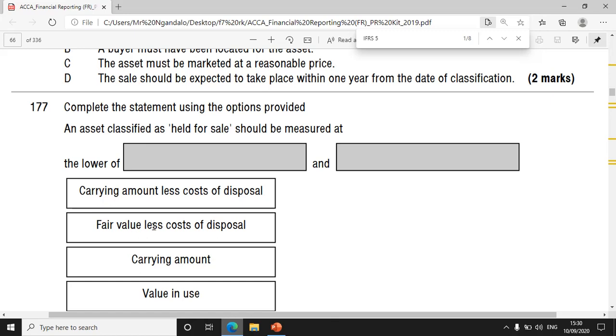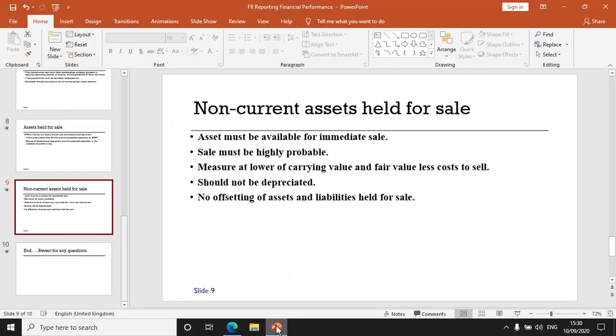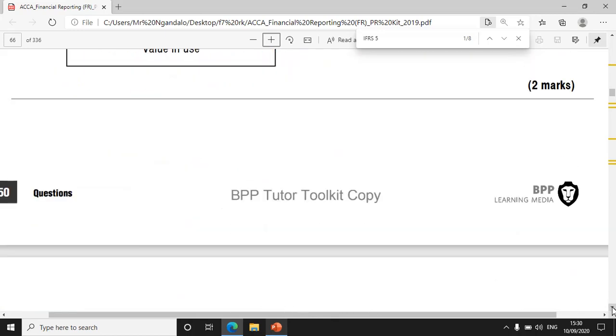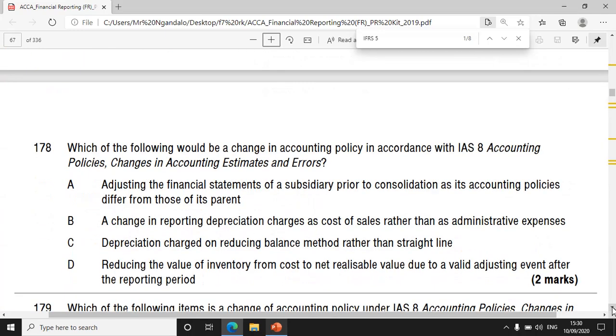So we will pick fair value less cost to sell, and also the carrying amount, the carrying value. Please let us remember that. I hope you can see carrying amount and fair value less costs to dispose of. These are textbook lines.